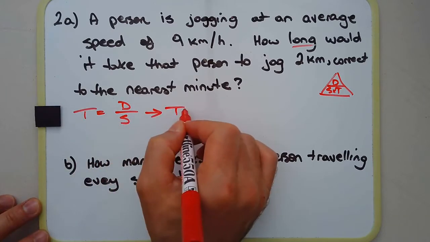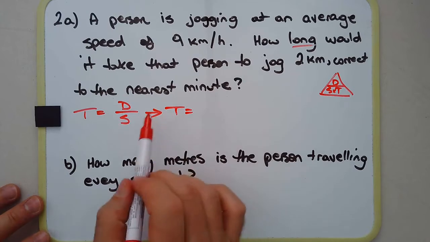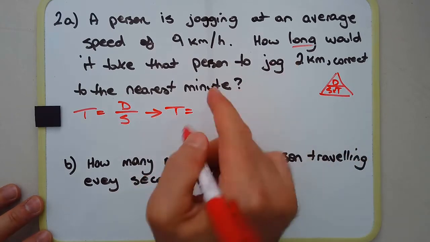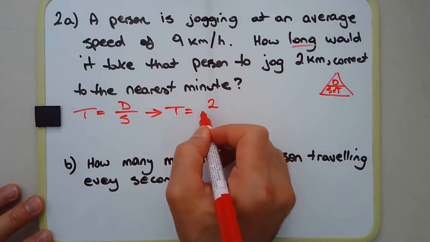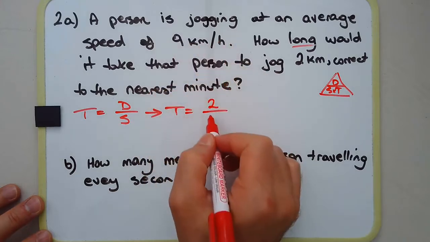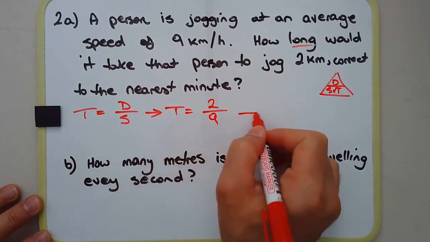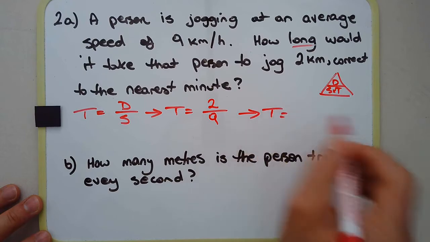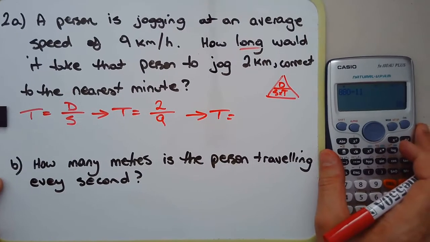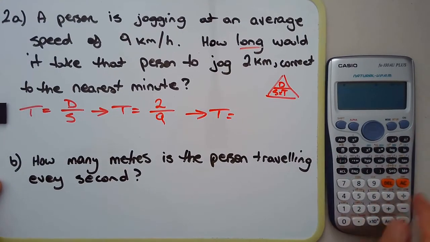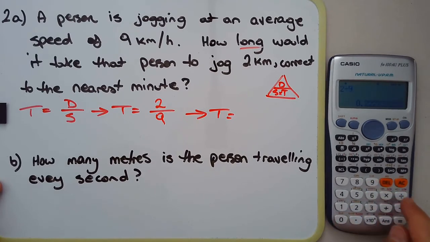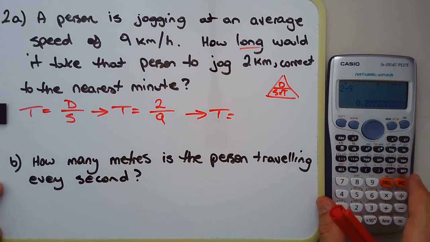The distance we're given is 2 kilometres, over the speed, which is 9 kilometres per hour. So T is equal to 2 divided by 9, and we get 0.22.